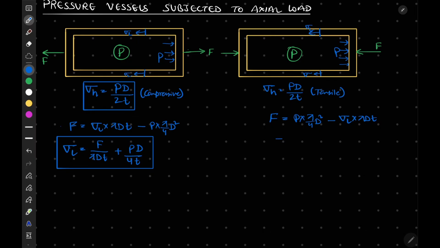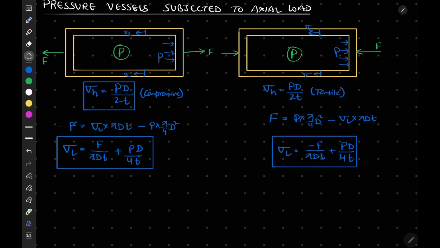So from here sigma L is equal to minus F upon pi dt plus Pd by 4t.